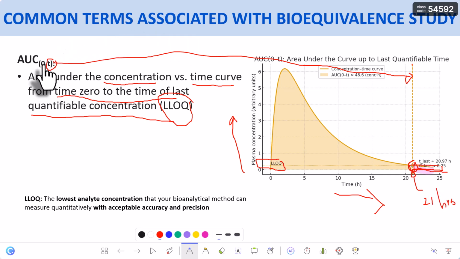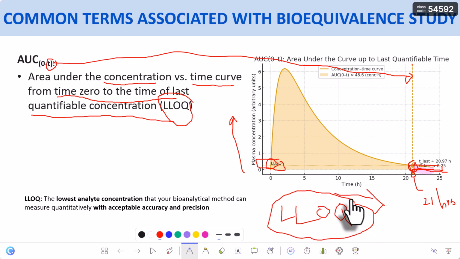So AUC means the starting point until the last point, and whatever concentration is present from the starting point to the last point is called AUC 0 to T. And this last time is defined by the LLOQ, the lowest concentration that can be measured with the defined or acceptable accuracy and precision. It is just like our LOQ for an analytical procedure.